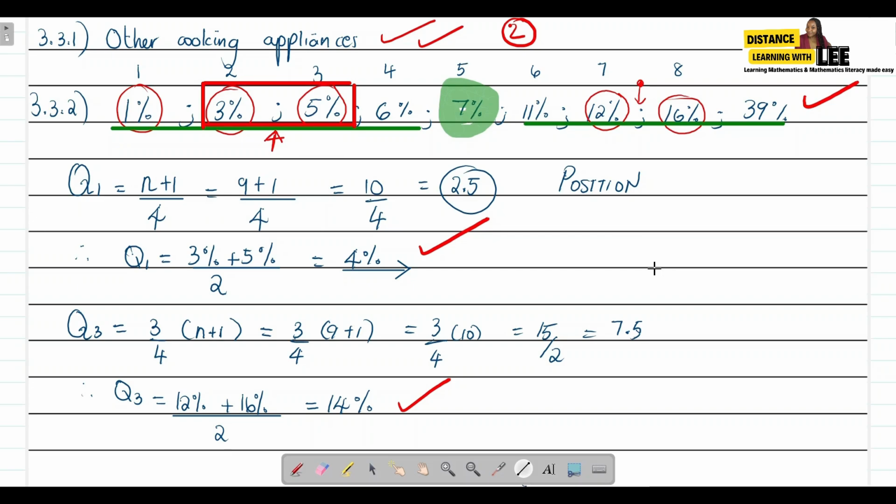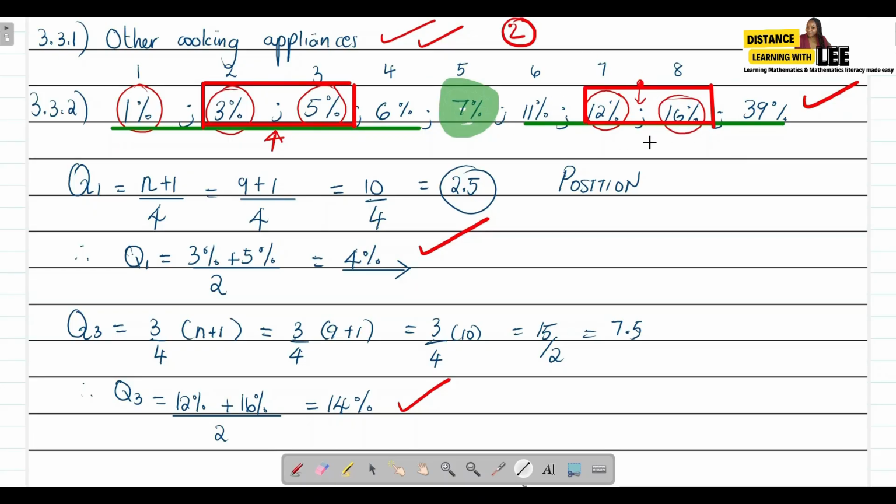How would we get Q3? Q3 would be the median for the values on our right hand side. We have to have the same number of values on the left and right for our Q3. We see here that 12% as well as 16% are the middle values for the right hand side.